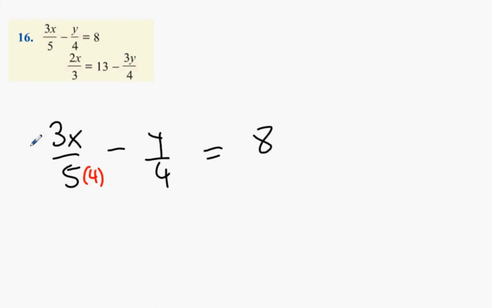I've now changed the value of this number. I'm not allowed to change the value of that number. So what do I have to do to the top to balance it out? If I multiply the top and bottom by the same number, it doesn't affect the value of that number. What do we need to do with the 4 then? Top and bottom, multiply by 8.